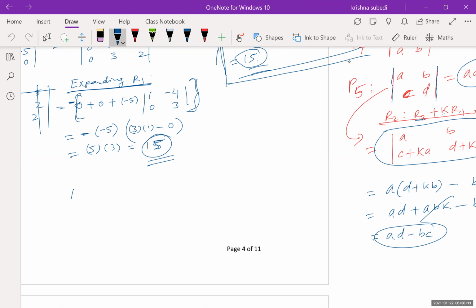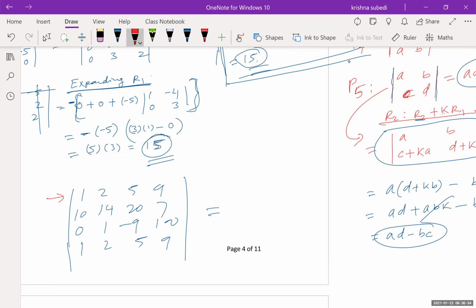For example, if I give you, let's say, 1, 2, 5, 9, then 10, 14, 27, 0, 1, -900, and then 1, 2, 5, 9. If you are given this, then if you expand it, it takes a lot of time. And notice here that this row and this row have exactly the same elements.